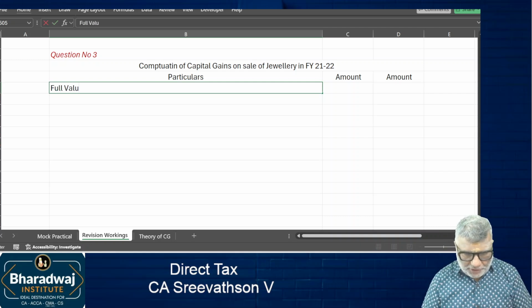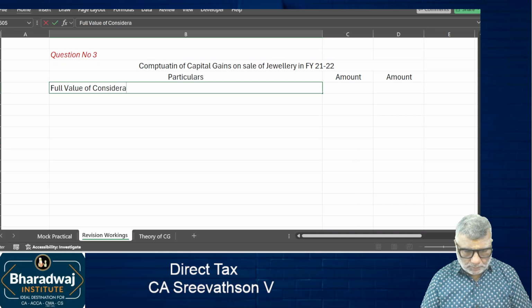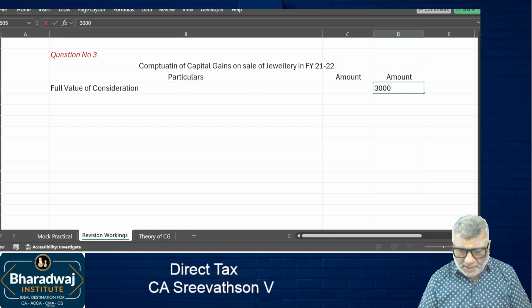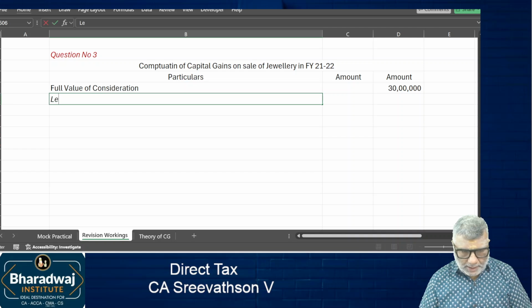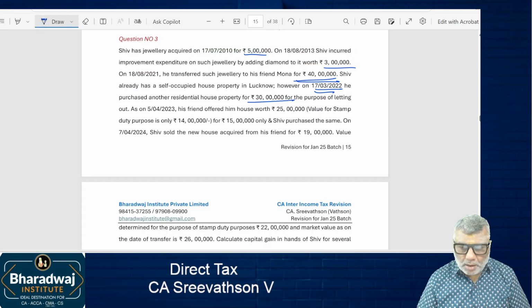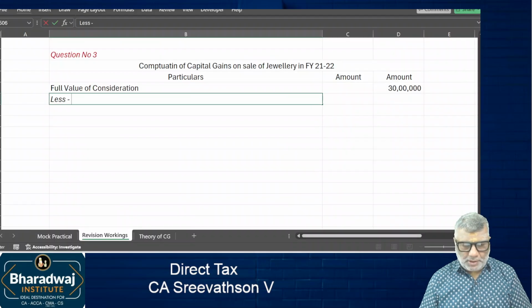Full value of consideration: the jewelry is sold for 40 lakhs.